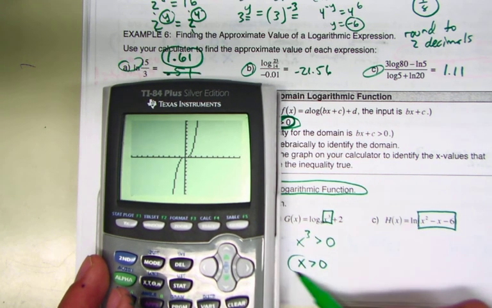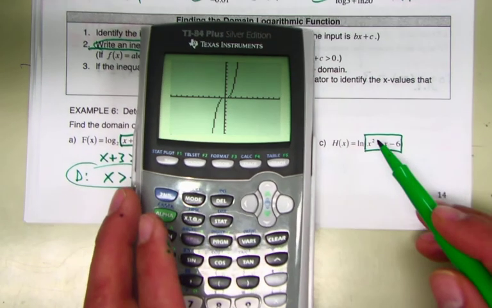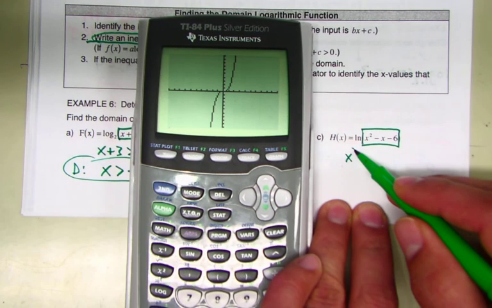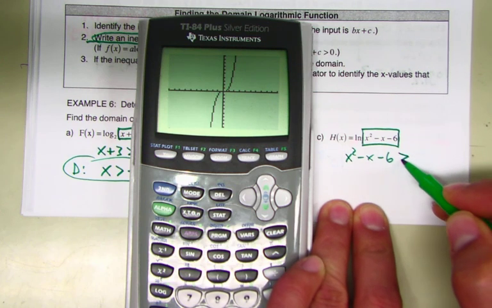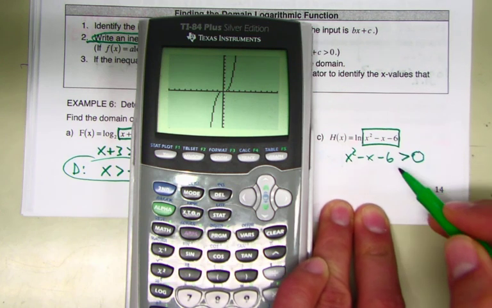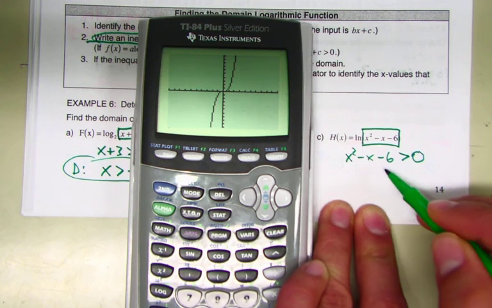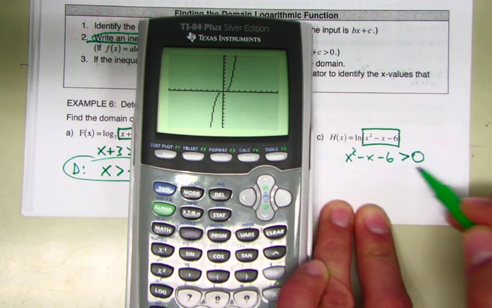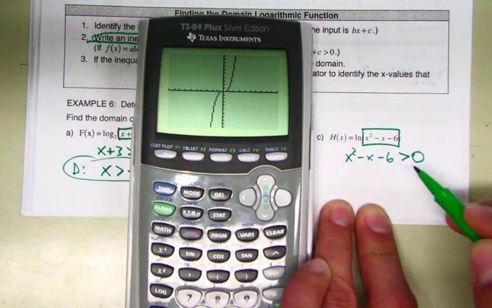Okay? How are we going to do this one? x squared minus x minus 6 has to be greater than 0. And this is why we learned how to do this on the calculator now, right? You graph this on the calculator and you look for the part of the parabola that is what? Less than, I mean, greater than. So visually that would be the part above or below the x-axis? Above, right.